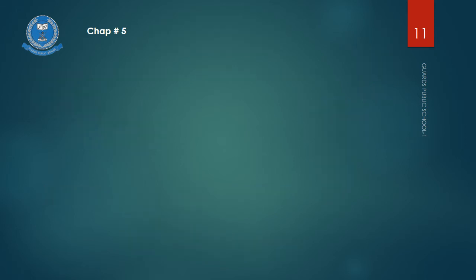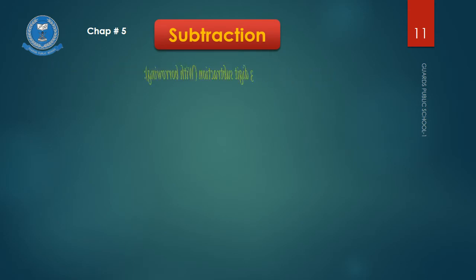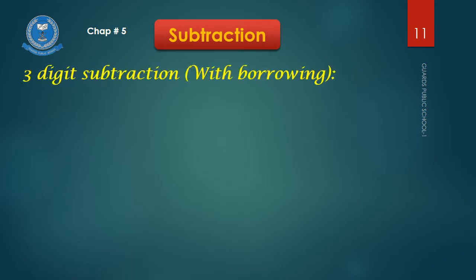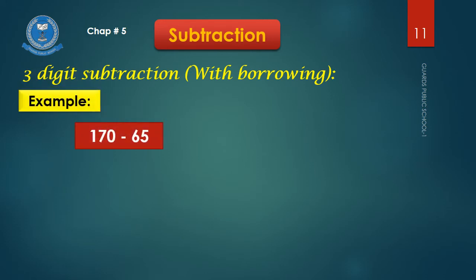Now we are moving to our next topic, 3-digit subtraction with borrowing. Let's see an example. If we have the numbers 170 and 65, how do we subtract 65 from 170? This subtraction is very similar to 2-digit subtraction. Let's see how.